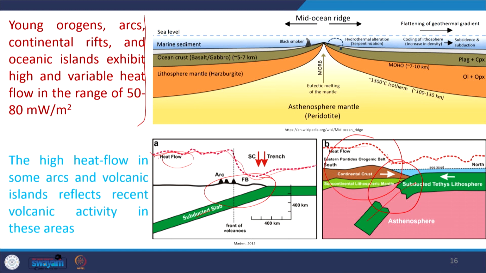The high heat flow in some arcs and volcanic islands reflects recent volcanic activity in these areas. So, we know the volcanic islands and volcanic arcs are represented by continuous magmatic supply, and there are volcanoes which frequently erupt. So, that is why these regions represent a high heat flow environment.